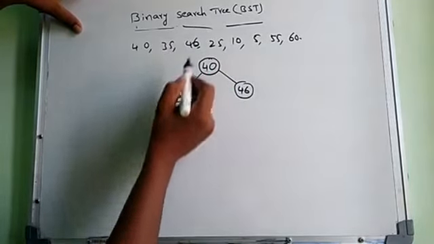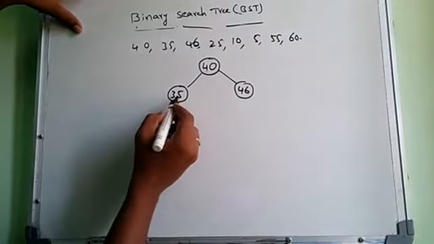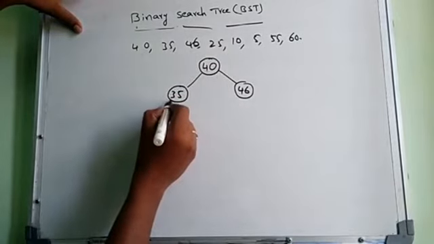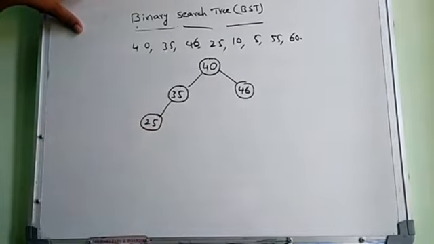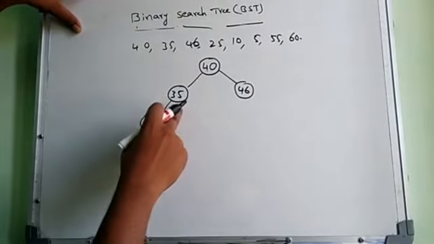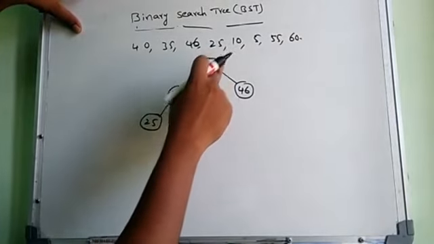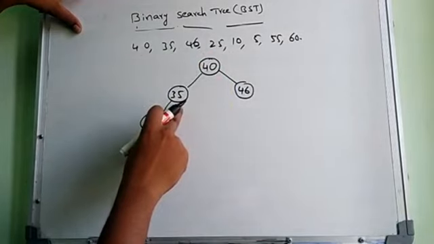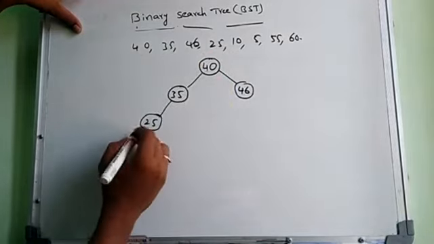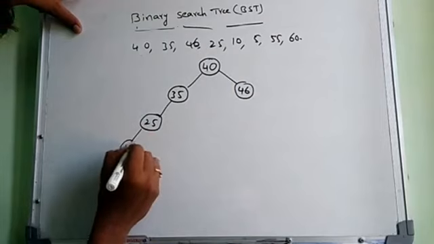Then 35 and 25: 35 is greater than 25, so 25 is less than 35, then move to the left side. Then 10: 40, 35, 25, 10 is less in each comparison, so again go to the left side.